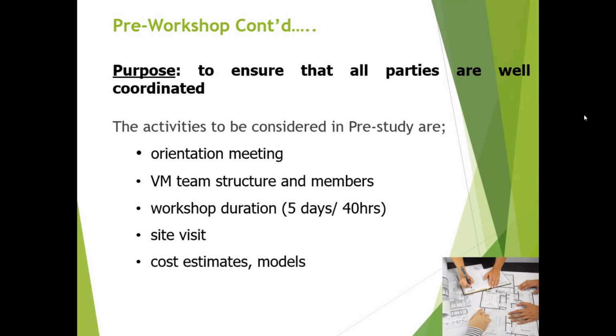So there could be an initial cost estimate and models we can come up with, right? In the model, we can make changes and see the effect of a value engineering proposal. Therefore, whatever is required to carry out an effective value engineering exercise can be set up at this pre-workshop stage. Okay.